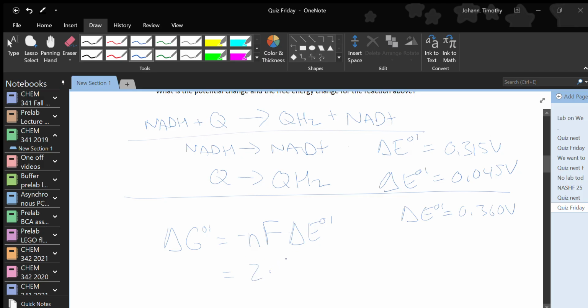Faraday's constant is 96,500 joules per volt mole. There's not a Kelvin in there. It's joules per volt mole because it's going to have to cancel. Times our potential change, which was 0.360 volts. Volts cancel, and we're going to end up with joules per mole. I should have a negative sign out there.